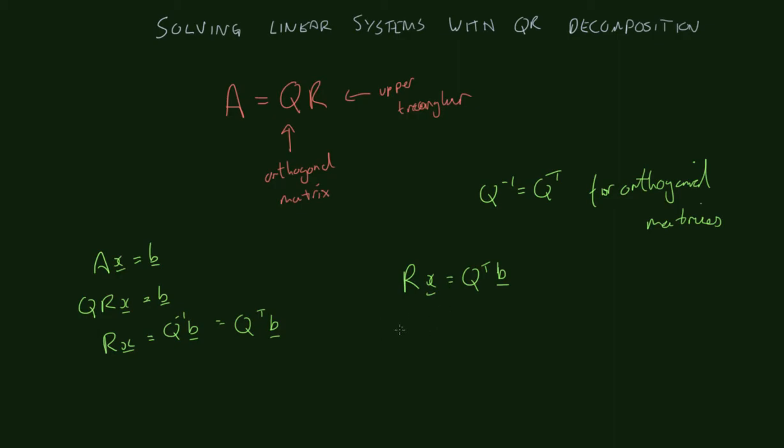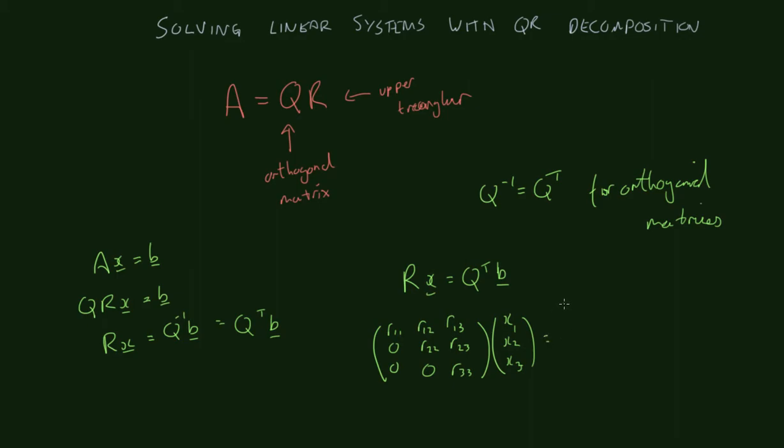If we were to write this down for a 3x3 system, R has entries R11, R12, R13, then 0, R22, R23, then 0, 0, R33. That's multiplied by x.